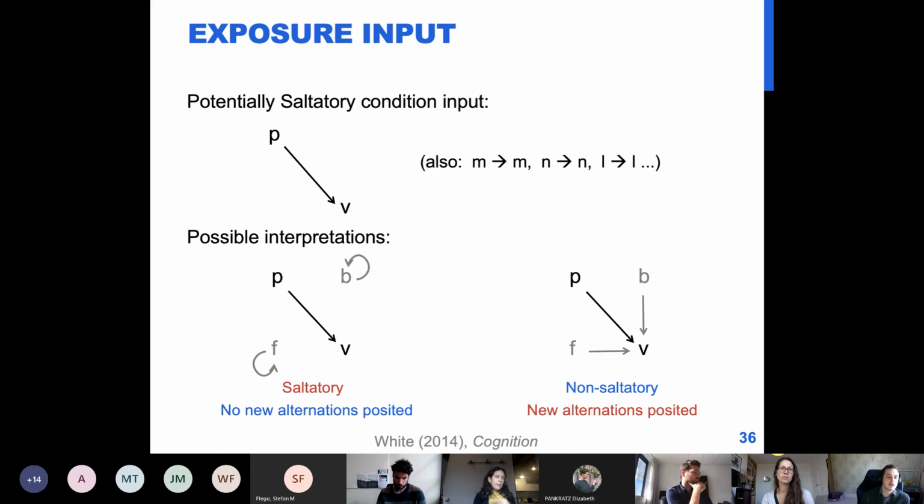So the hypothesis going in is that because the system on the left is saltatory, and people by hypothesis don't like that kind of system, people in this case should actually be motivated to change these phonetically intermediate sounds with V.